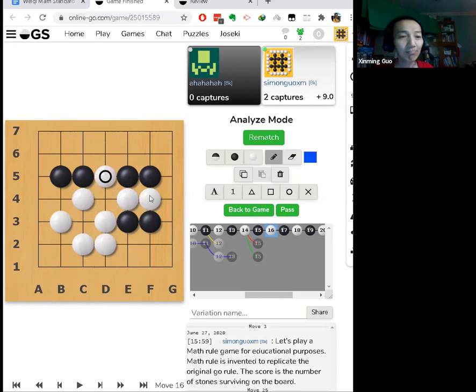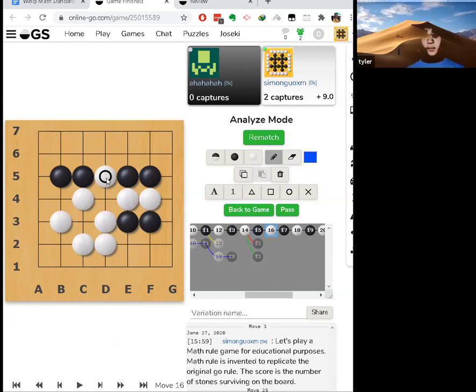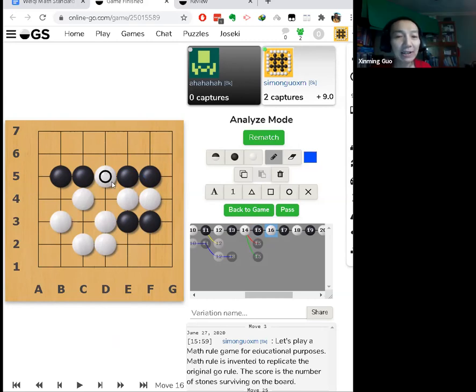Black is almost separated into three parts. So this is a huge mistake for black. There is a huge advantage for white. Maybe this D5 creates huge damage for black and gets lots of points for white.